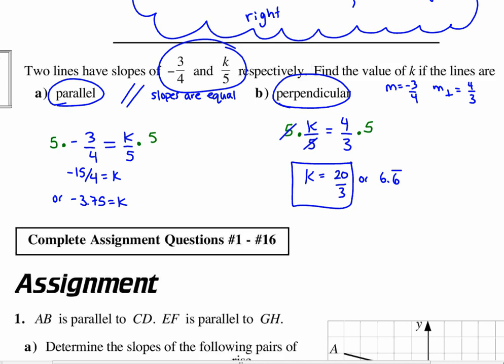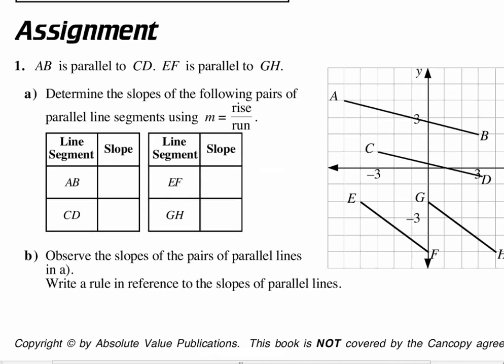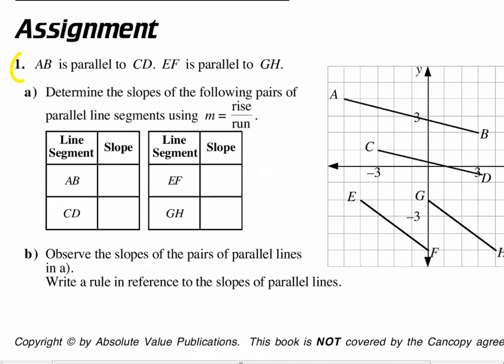All right, so that's it. That's this lesson. So circle the following. 1, 2.